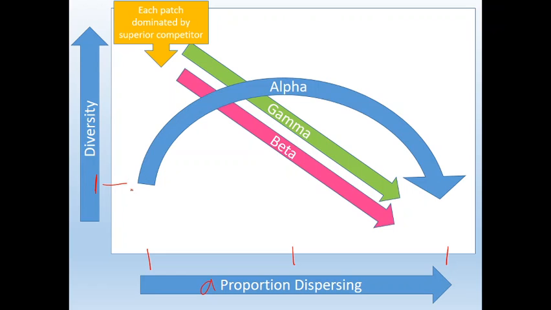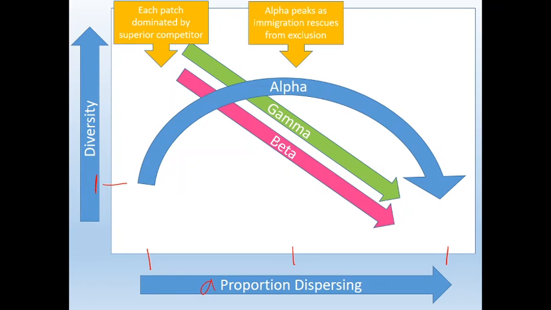But then patch A is different than patch B, so you get a slightly different species inhabiting and dominating patch B, and then patch C with a different species and patch D with a different species. So beta diversity is expected to be high in this scenario. Same with gamma diversity, right? The whole regional diversity would be really high because you have a bunch of these patches dominated by one species, so you have a bunch of species in the whole thing.